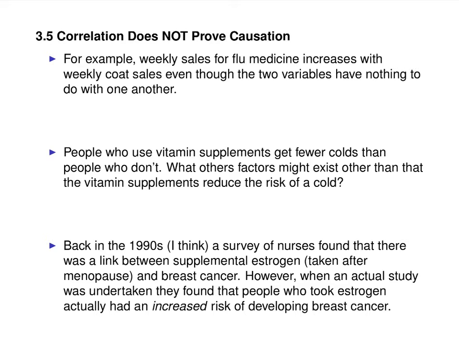Yeah. So winter happens. Winter causes us to go inside more, which causes us to get more germs, right? And winter causes us to buy coats, right? That's called a confounding variable. So the point is that it's not like one thing causes the other. Buying a coat doesn't cause you to get the flu, right?